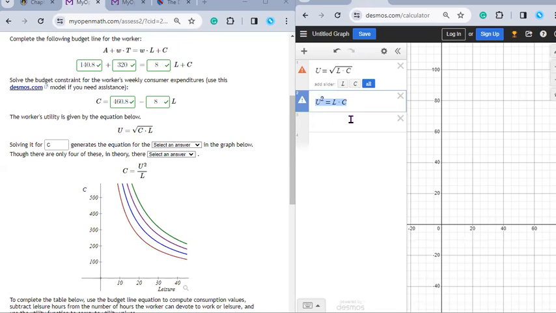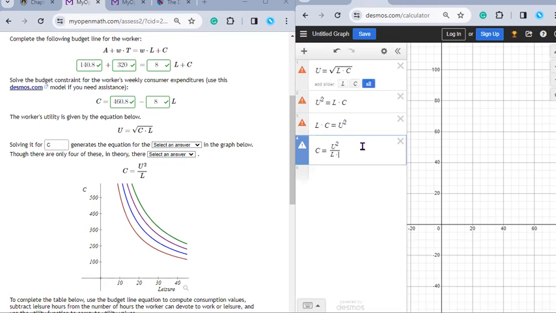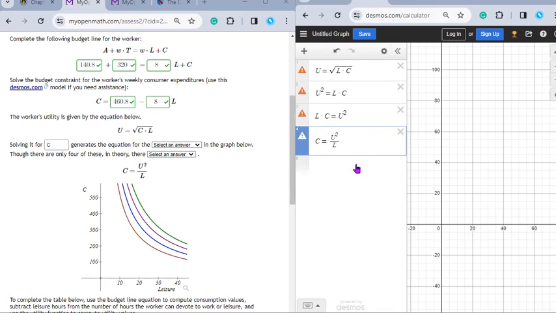First, I'm going to move the right side to the left and the left side to the right, right? And then I'm going to divide both sides by L. So this is going to be consumption in terms of leisure, right?